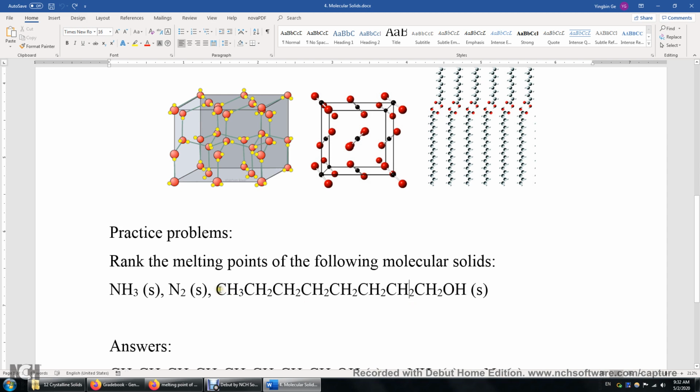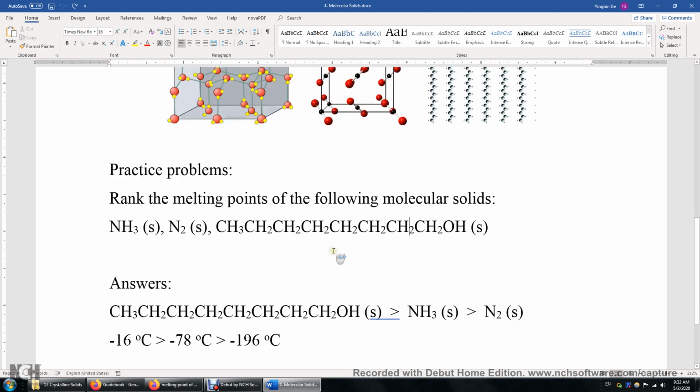Also take a look at this carbon chain, really long, and also linear, which ensures the maximum contact area between two neighboring octenol carbon chains. Therefore, there's dipole-dipole interaction, there's dispersion, and the dispersion is fairly strong. So I expect octenol has the highest melting point.